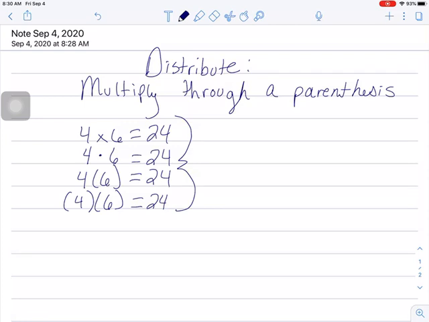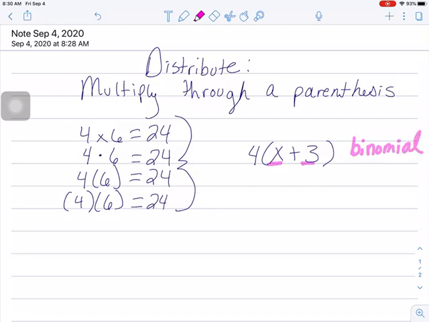So if we have a number outside of parentheses, we know that means to multiply. What if there's more than one thing inside the parentheses? What if we have a binomial or trinomial or even bigger? So this one has 2 terms, 1, 2. This one is a binomial.